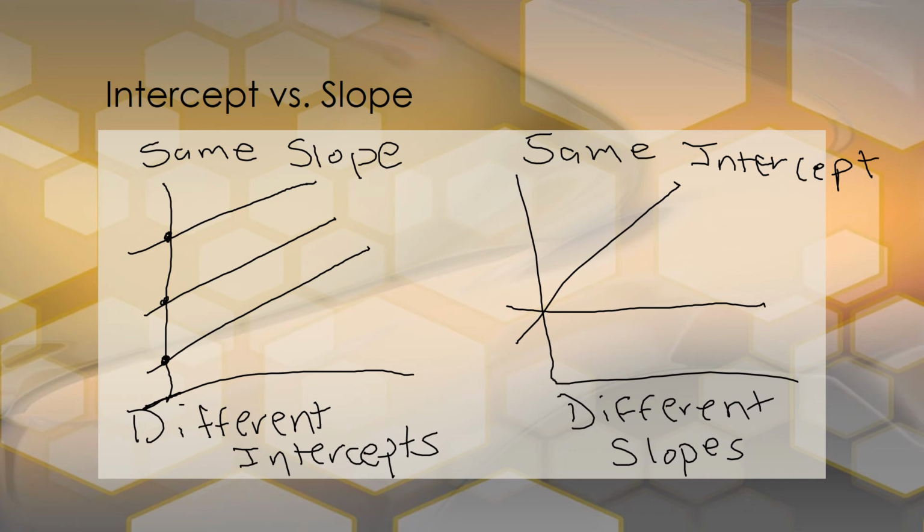And then here's a negative slope. And they all about hit the y-intercept about the same place, which is right here. So we have the same intercept, but different slopes. Again, we have a positive slope, no slope, and negative slope. So this one's positive, this is 0, and then this one's negative.